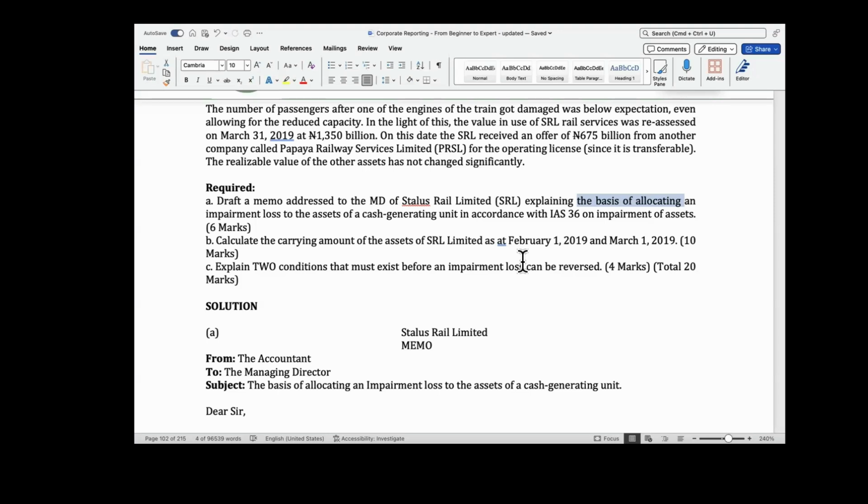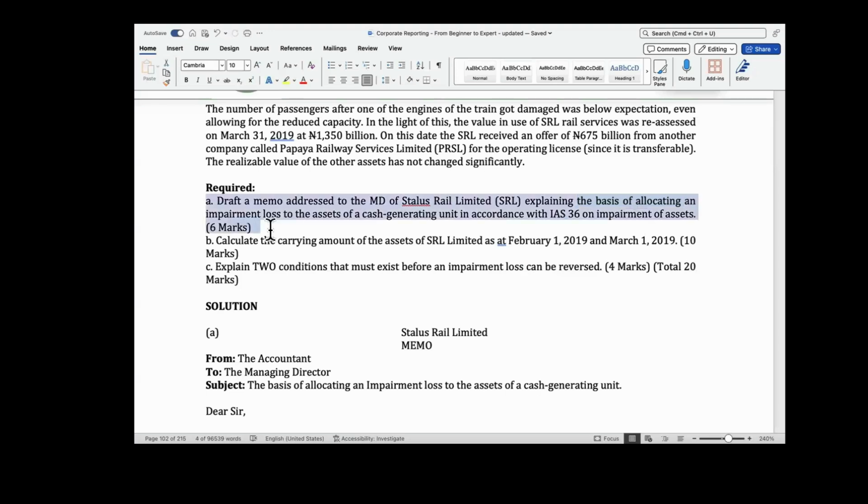One thing I've not mentioned that you are going to see in this question is that when you are allocating impairment loss to assets in a CGU, you have to be very careful so that you will not defeat the purpose of this standard. Ensure that the impairment loss you allocate does not reduce the asset below its recoverable amount. So you have to be very careful with that, which is part of what this question is testing. So that will give us 6 marks.